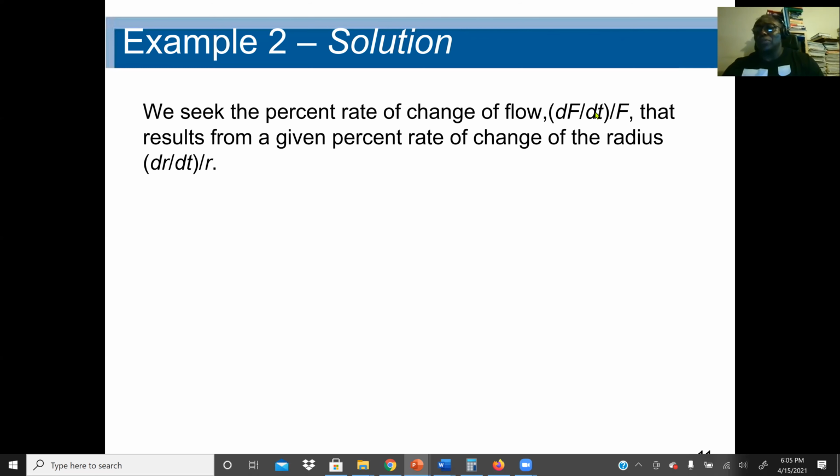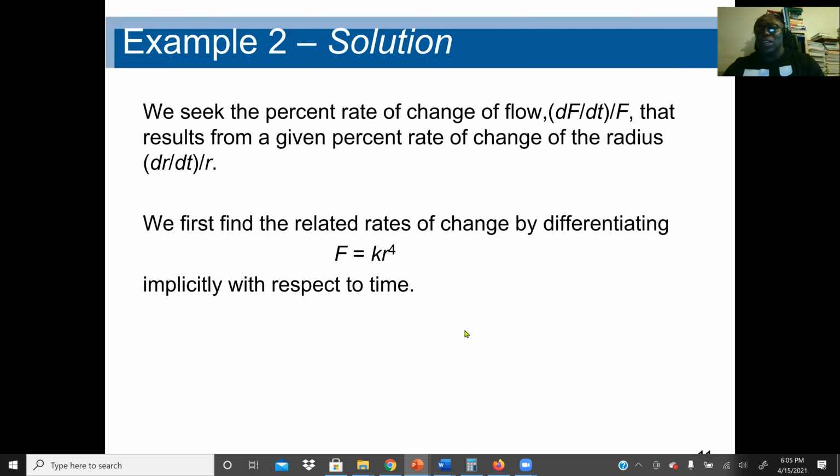So that's the formula. F is related to t, R also. So we are going to do implicit differentiation. We get 1 times dF/dt, K is constant, then we get 4 R cubed times dR/dt, both related to time.